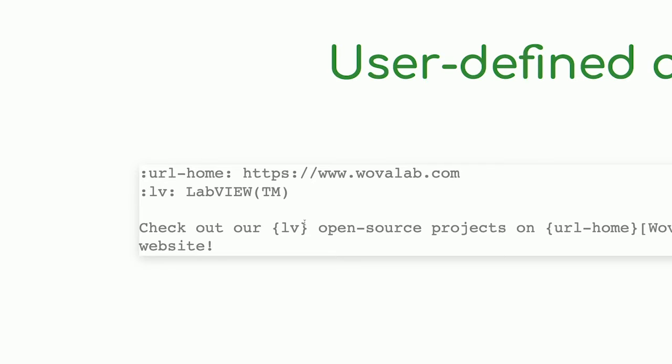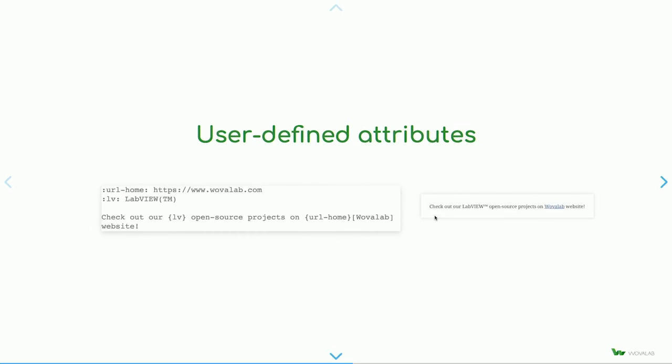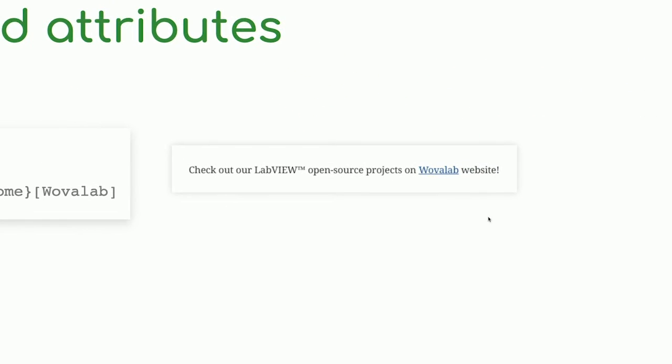In the Asciidoc file, I'm going to call the attribute in the content using the curly brackets. And if I look at the final rendering, I will have LabVIEW with the trademark glyph in my document. So no need to write everything. And if I want to change the URL, I just need to change it where I define the attribute.